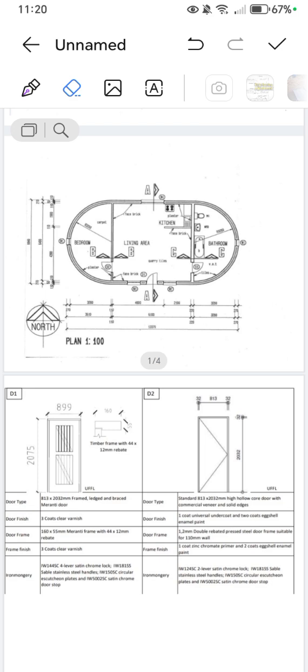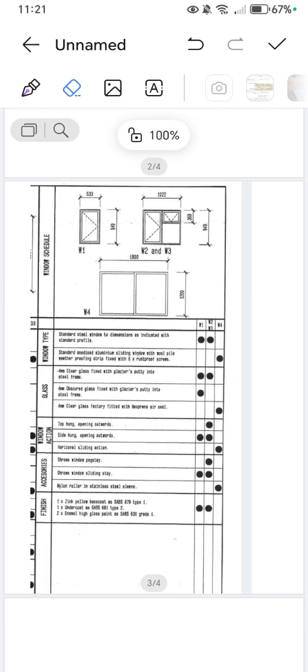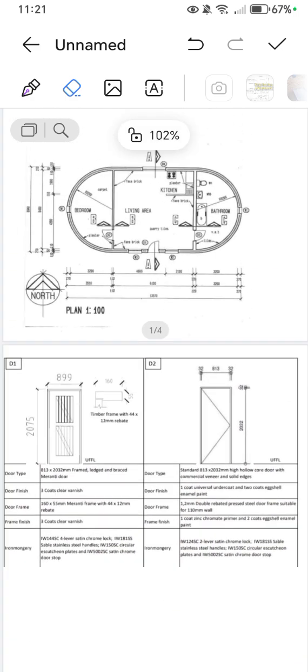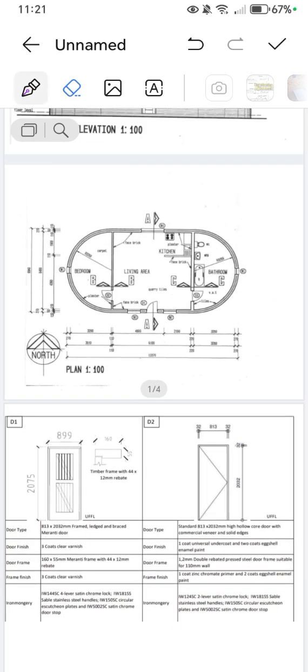So the same thing applies when you are doing your windows. Remember, when you are doing your painting, you also have to paint in these areas where they have their windows, you see.